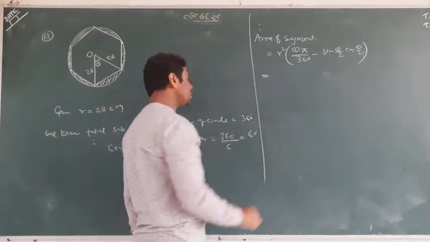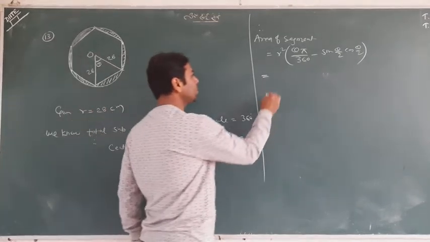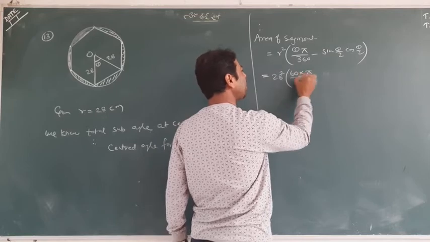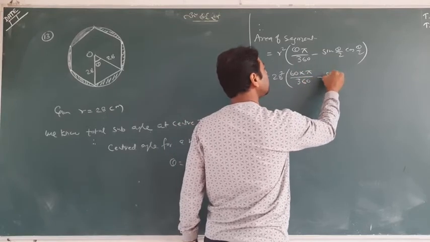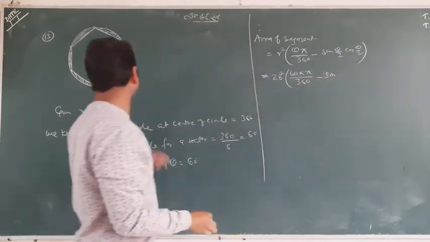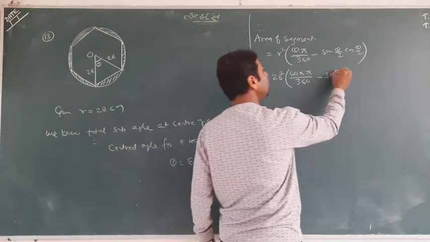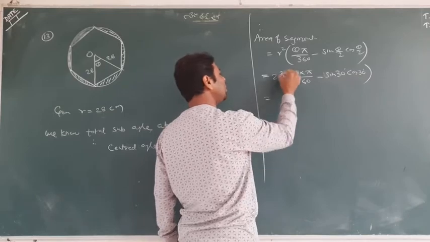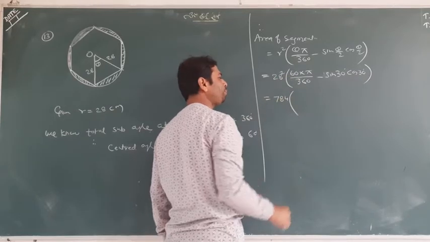Put the values. R square meaning 28 square, theta meaning 60, pi is still pi, upon 360, minus sin theta by 2, meaning 60 by 2. Theta is 60, so it is 30 and it is 30. Again 28 square is 784, I think.